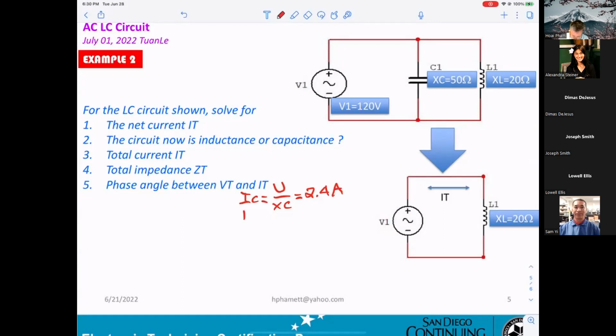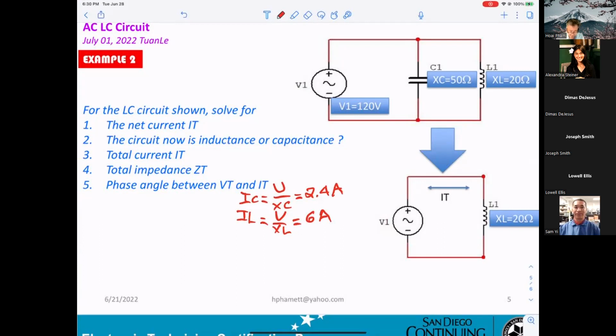And now you need to calculate IL. That's 6, okay? 120 divided, that will be 6, right? So now you can see IL is higher than IC.